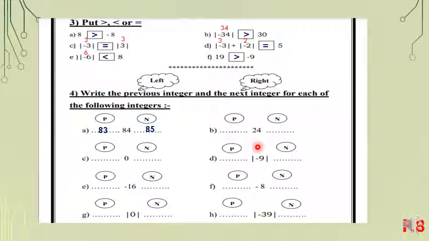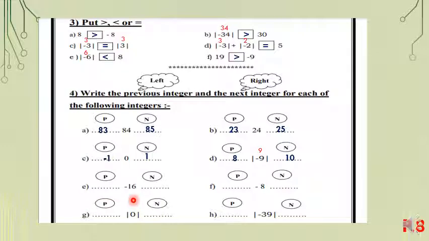The previous is 23. The next 25. 0. Previous negative 1. Next is 1. Here I have absolute value of negative 9, which means 9. Previous I have 8. The next will be 10.